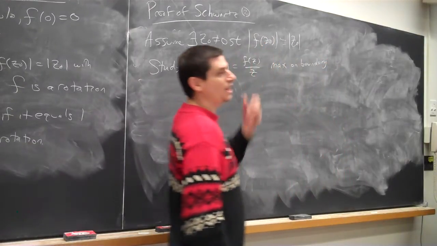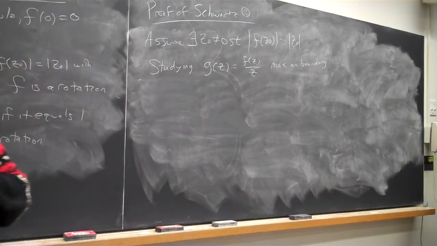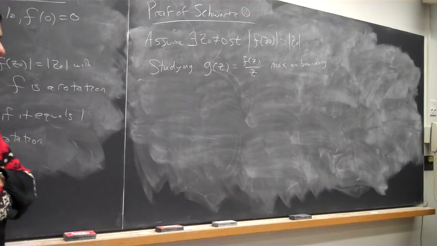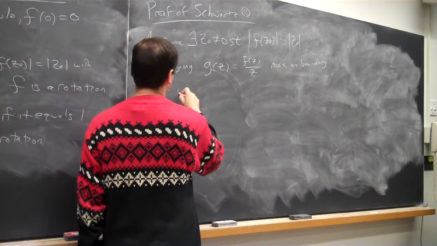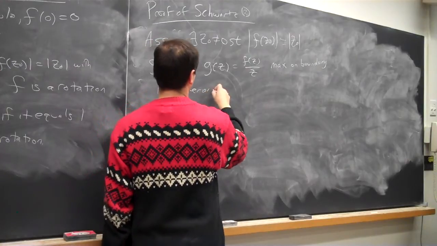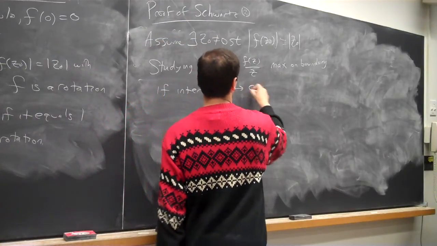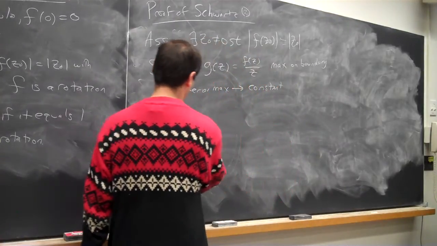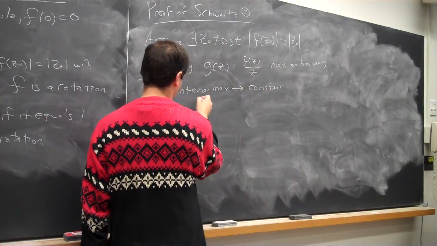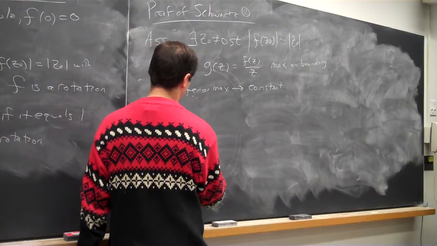What would it mean if you had a maximum in the interior? Constant. It's constant. And so the reason is, if there's an interior max, that implies it's constant. And so, I'll draw, hopefully a nice proof by picture.